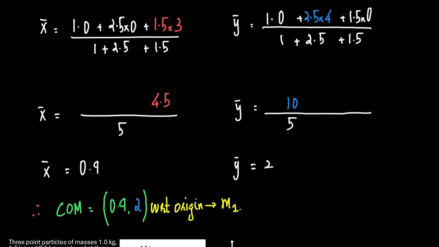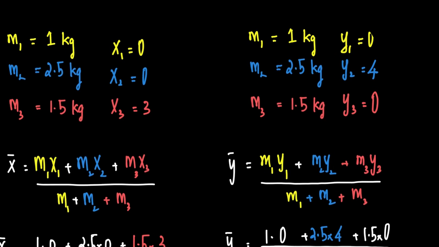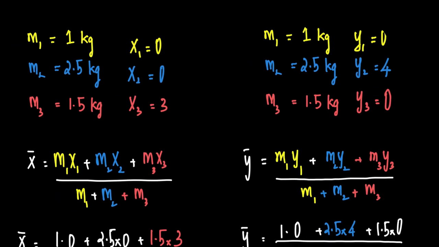So see, what happens when you choose 1 kilogram as the origin, it results in 2 of these values being 0. So m1 x1 and m2 x2 here is 0. Similarly here, m1 y1 and m3 y3 is 0. The only term we have here is m2 and y2. Here the only term we have is m3 and x3. So that simplifies the calculation.